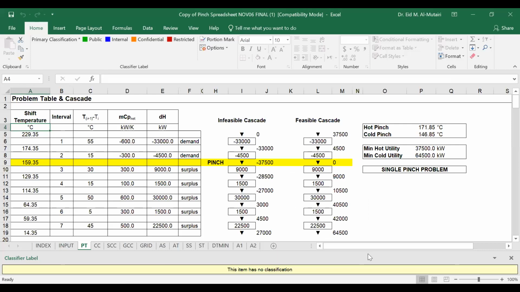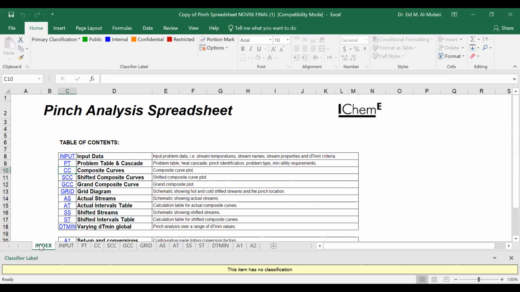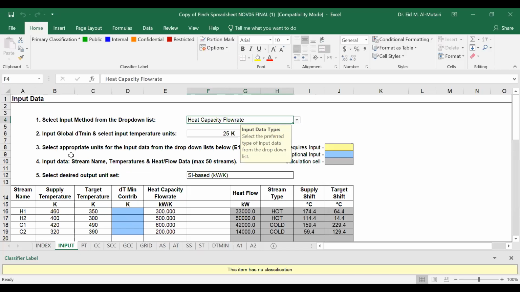Okay. Can you see the Excel sheet, Shabab? Yes, we can. So this Excel spreadsheet is very interesting. First of all, it is a pinch analysis spreadsheet. It will save a lot of your time once you are using it. So in order to use it, first you need to input the data. So you go to the input here.